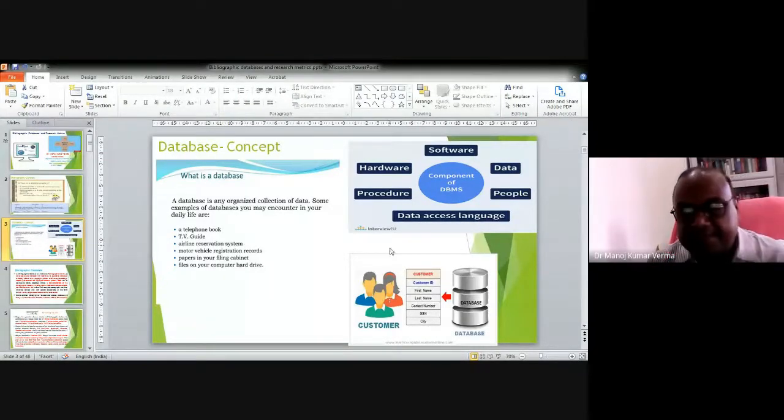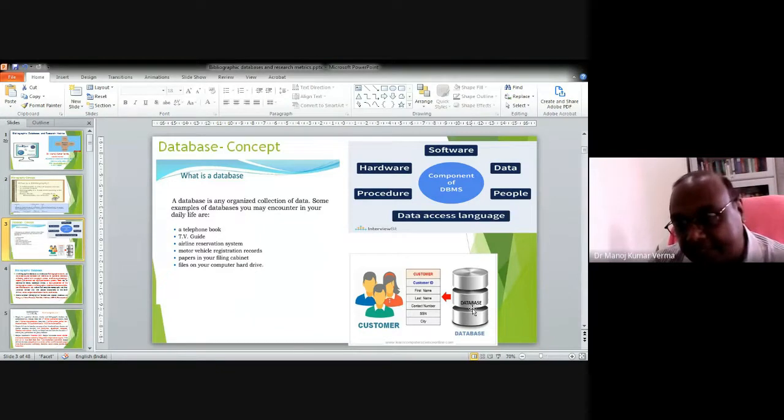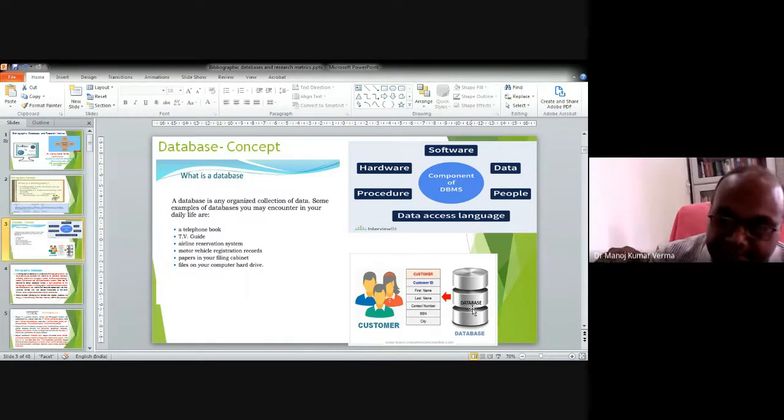So this is databases. This is the component of data, and this is an example of a database. Suppose you want to make customer details: customer ID, first name, last name, contact number, city address. We are compiling it in one database in our computer, so that whole data we can say is the database of my customers.